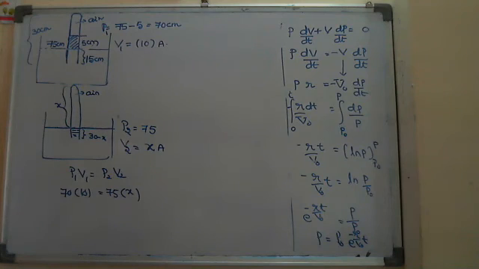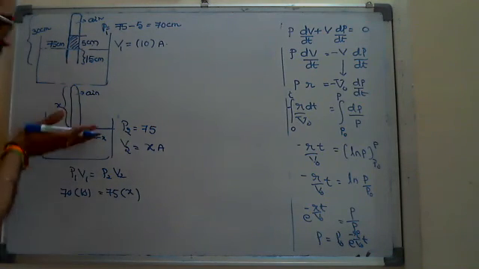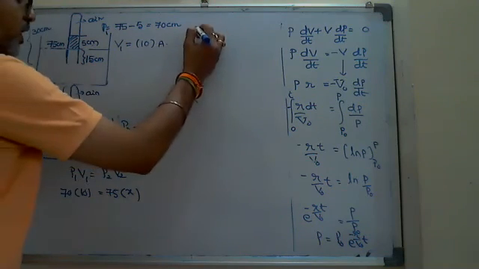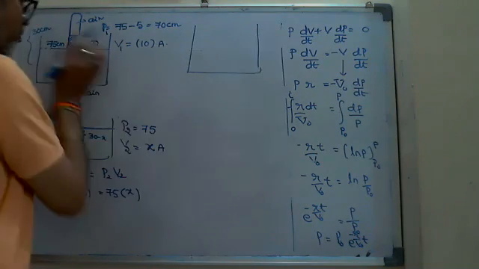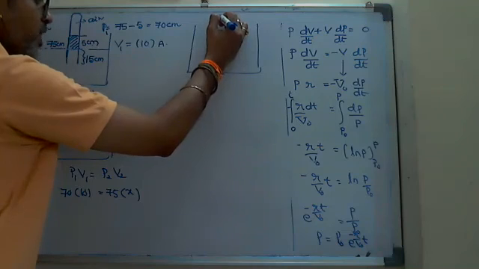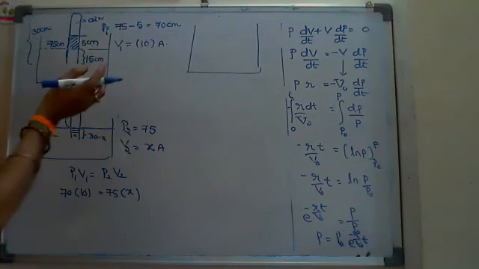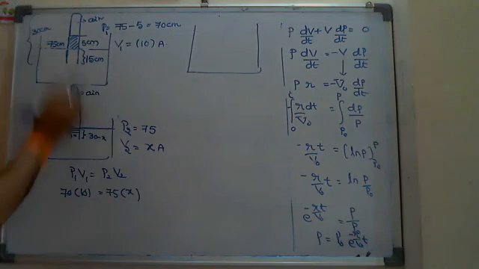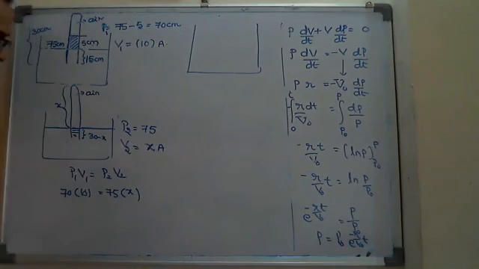Suppose the same question, if they ask it is lifted up to a certain height after placing like this, so that the total tube is completely empty. Means there is no mercury, not even this part.